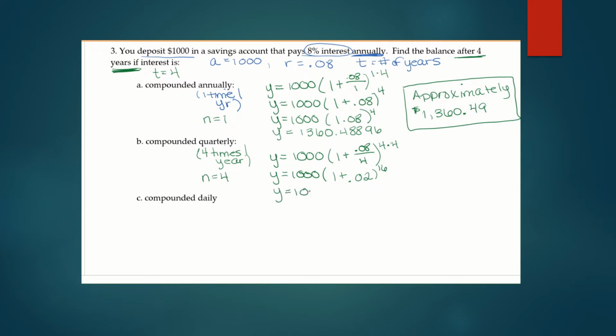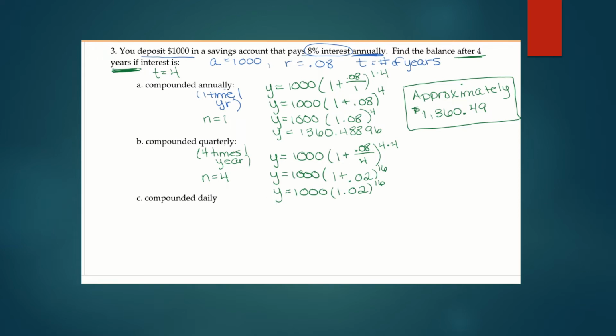Now you can actually put what we had above right into your calculator. You don't have to do the addition first. I just like to because it's less to type into my calculator, but don't feel like you have to follow what I'm doing.